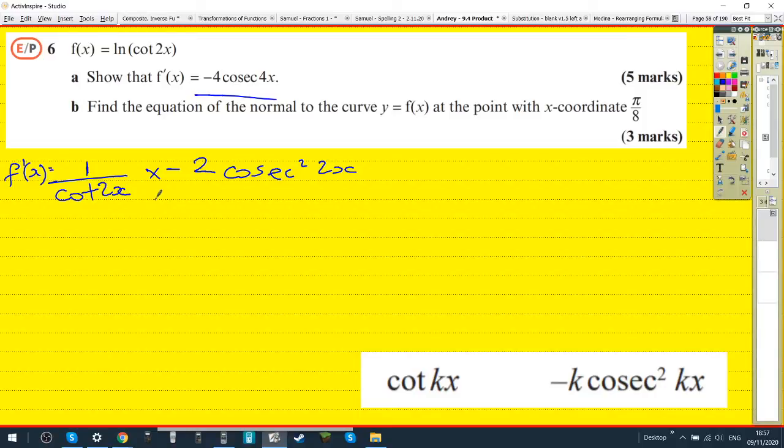So do I now need to just put minus 2 cosec squared 2x into the numerator? You could. Let's see. What is cot 2x the same as? 1 over tan 2x. This is tan 2x. That's the same as sine 2x over cos 2x?